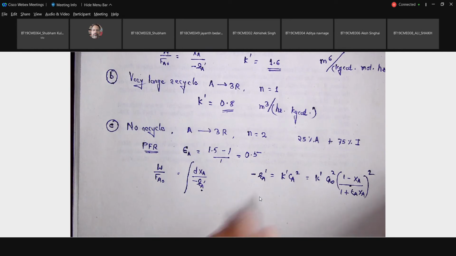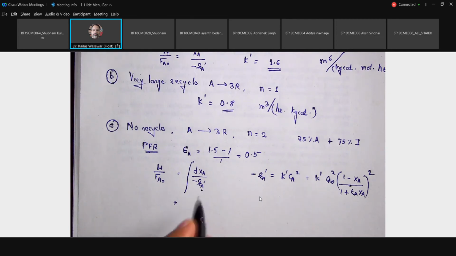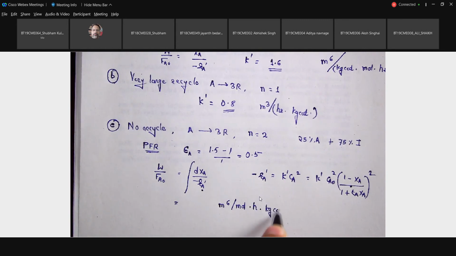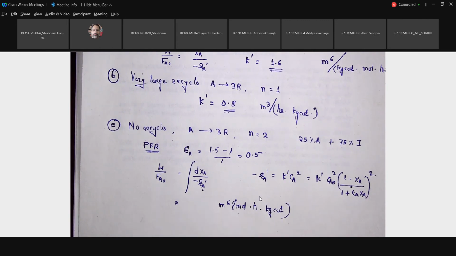It is a little bit complicated, but you will get this value. Okay, this you have to substitute and do the integration.